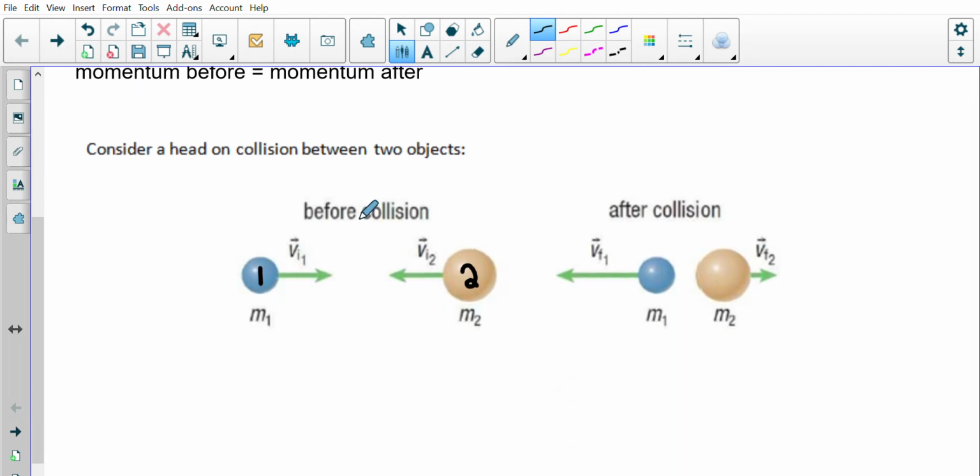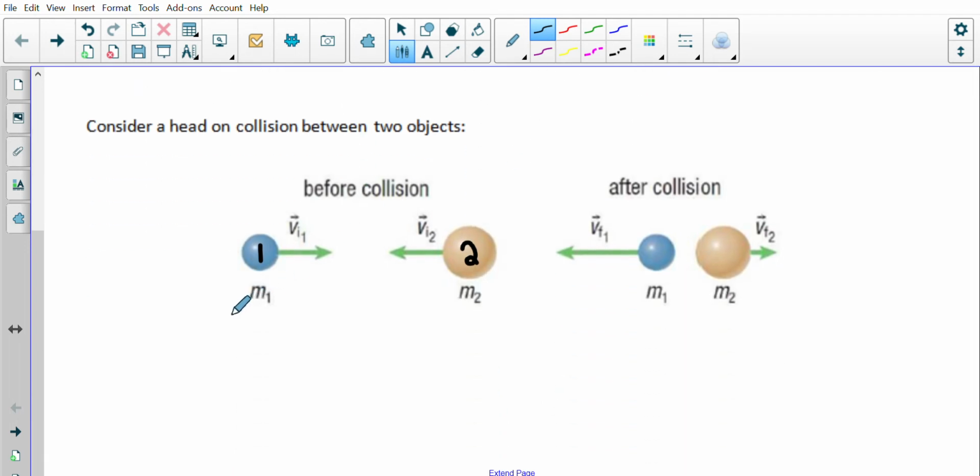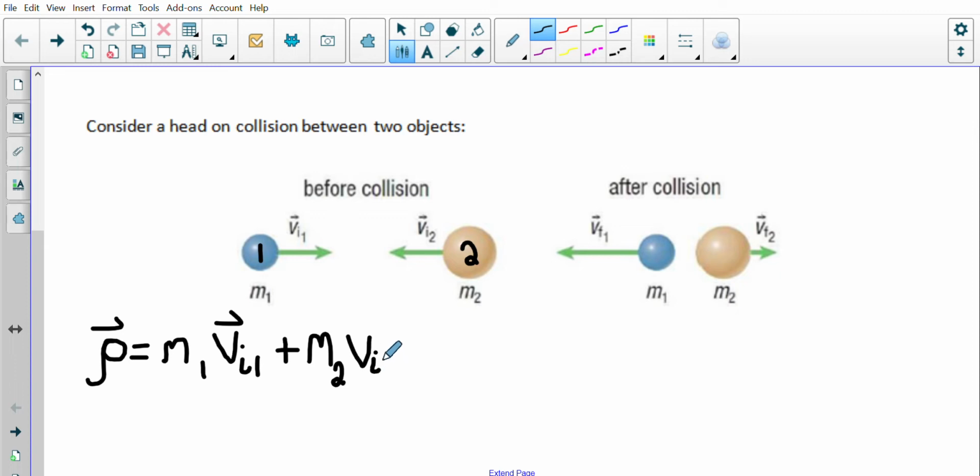Now again, those formulas up above are the representation, but the more specific formulas that we're going to use are these. If you're looking for your momentum before, you have m1 times vi, the initial velocity of object 1, plus m2 times the initial velocity of object 2. That would be the total momentum before.